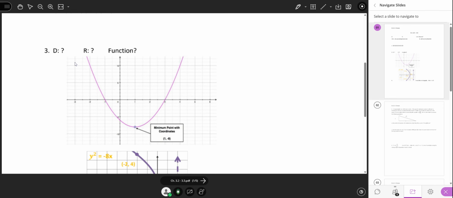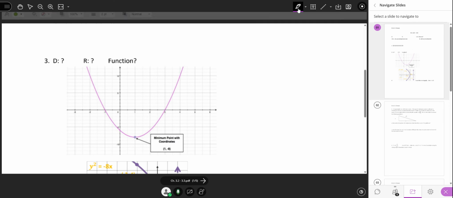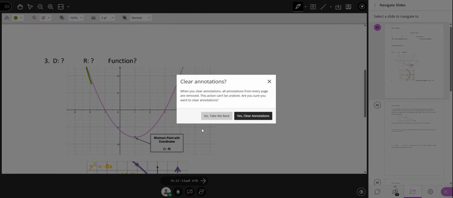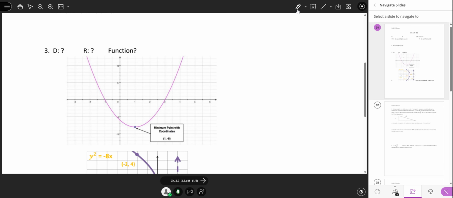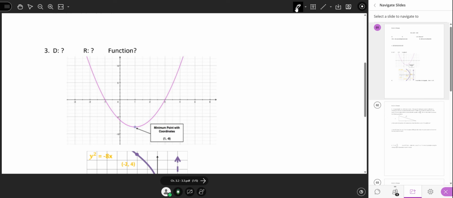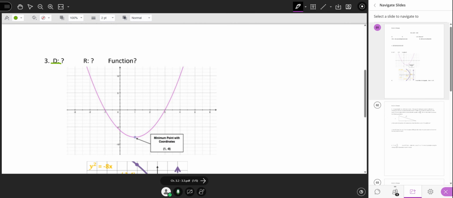All right, so number 3, we're going to get the domain and the range and notate if it's a function or not from the graph. This U shape is called a parabola. Really fancy way of saying this is a graph for a parent function like x squared. And domain, we want to list all of our possible x values.